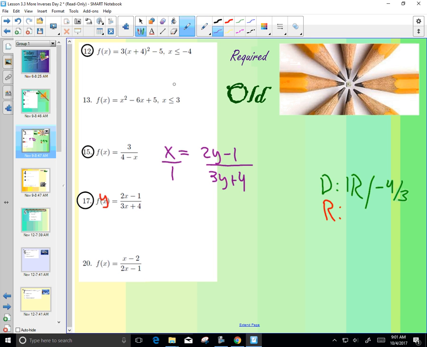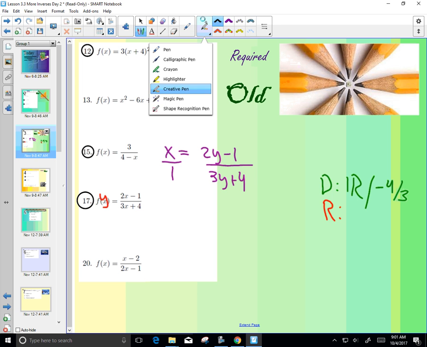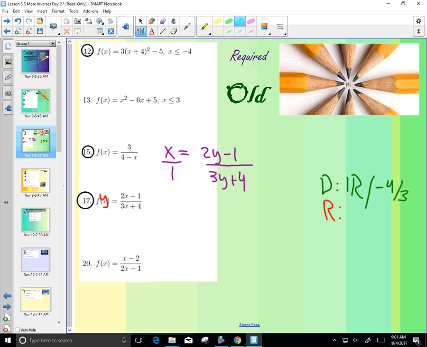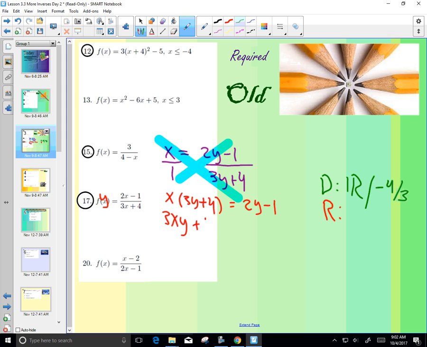Cross multiply, and you get x times 3y plus 4 equals 1 times 2y minus 1. Or 3xy plus 4x is equal to 2y minus 1.